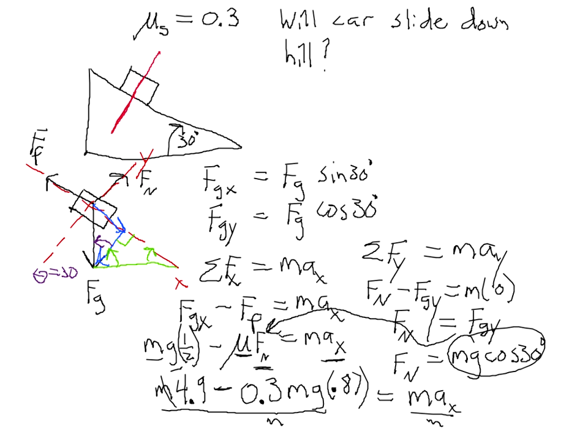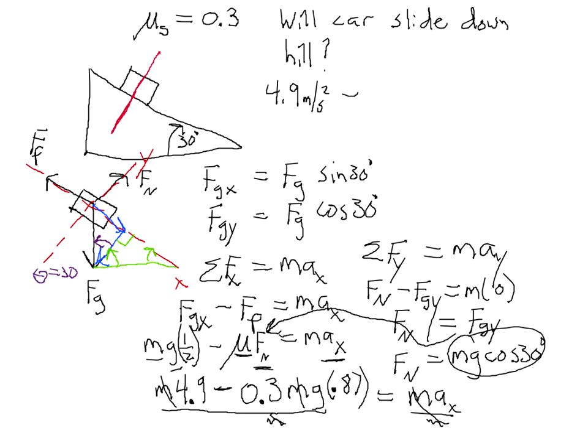That means this m cancels, that m cancels. I'm going to go up to the top now because I'm running out of room at the bottom. So we now have 4.9 meters per second squared minus 0.3 times 9.8 times 0.87.